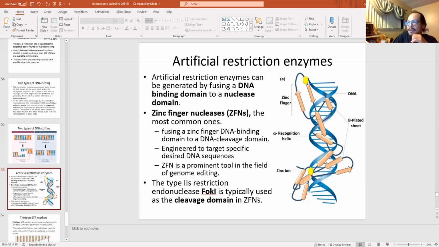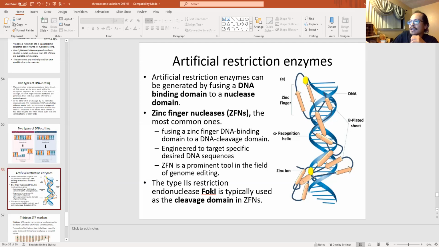The most common one is called the zinc finger nuclease. For example, a figure is like this one. The zinc finger means that it uses zinc in this molecule, and these fingers, I remember like 7 fingers.